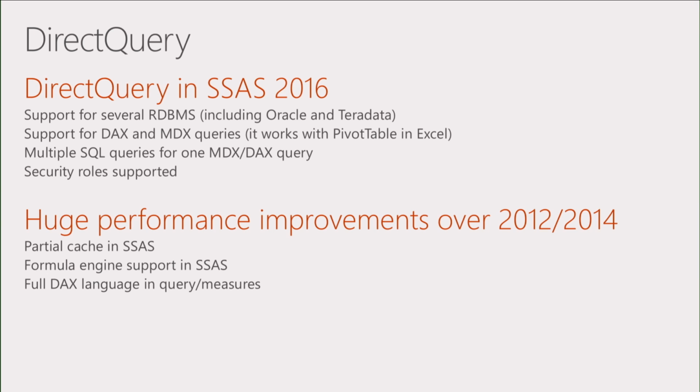So in Analysis Services 2016, all these limitations have been removed. You can use the full spectrum of DAX features that you have, and you can use MDX as a language. Moreover, security roles are also supported, something that was not available in the previous version. In the previous version, if you enabled DirectQuery, you would have lost the security features, the security roles. So this makes a big difference.